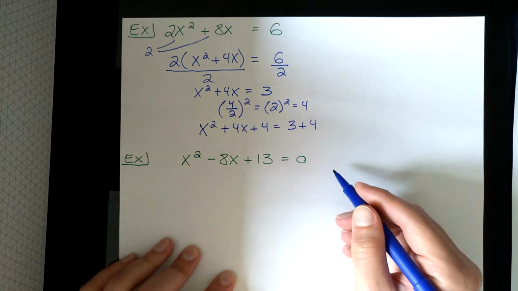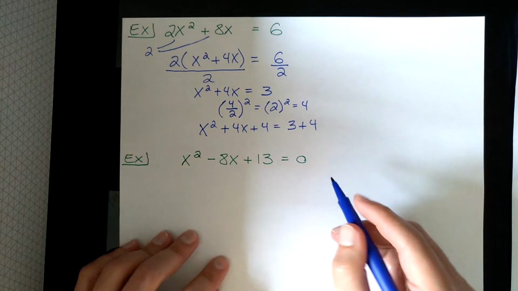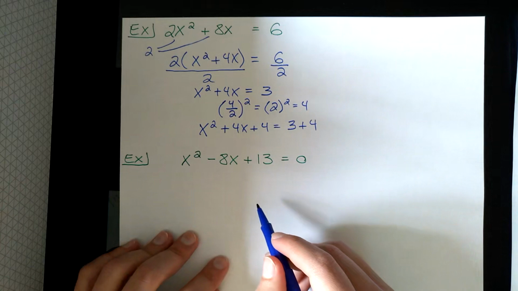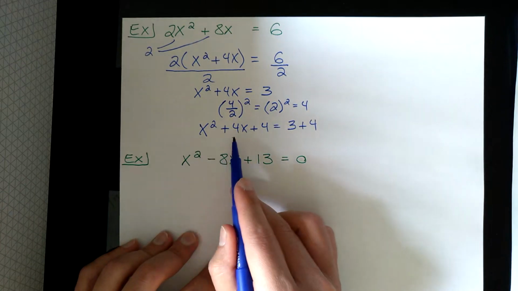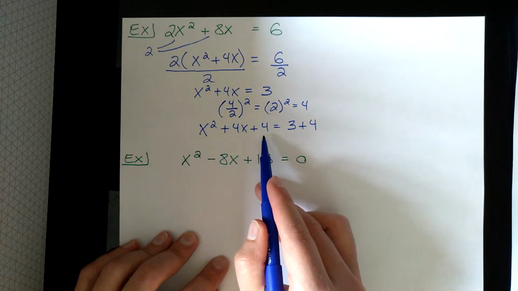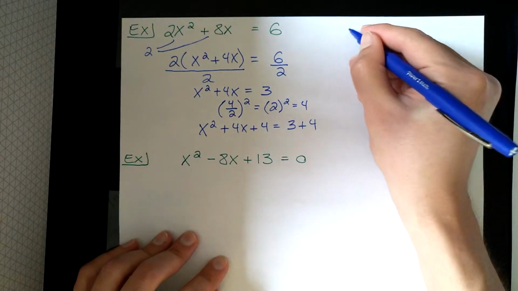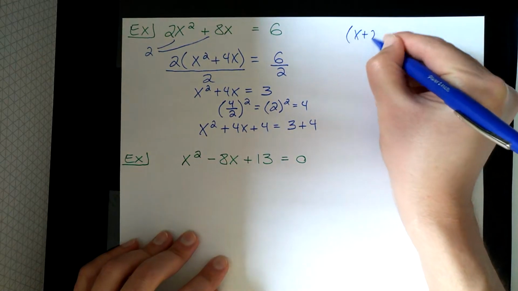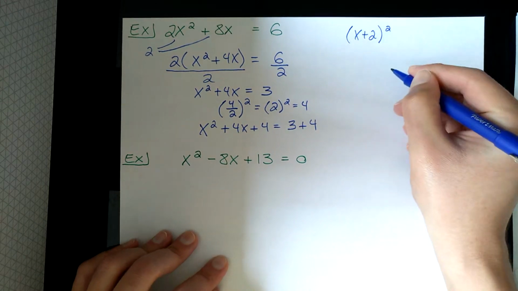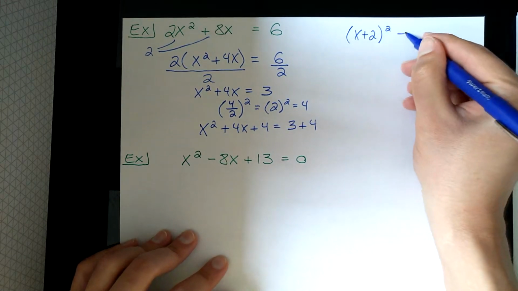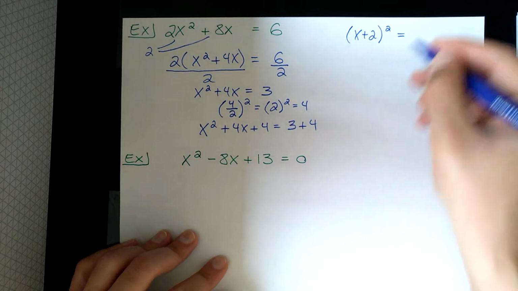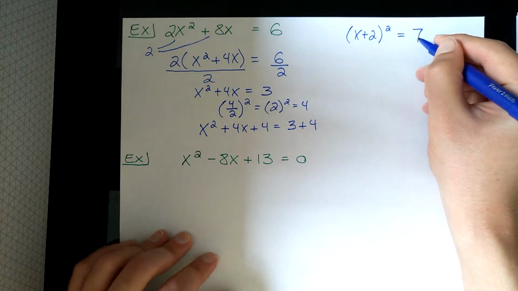Again, we add 4 to each side of the equation. And now we factor x squared plus 4x plus 4. We said it'll factor into (x plus 2) quantity squared. And that's equal to 3 plus 4, which is 7.